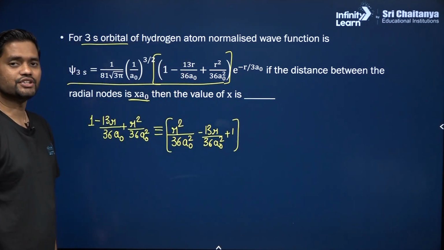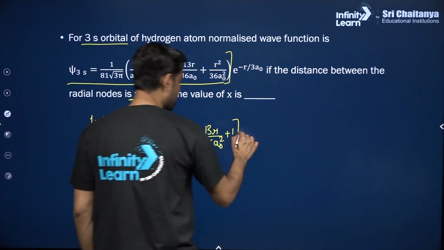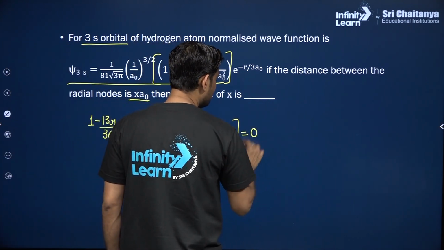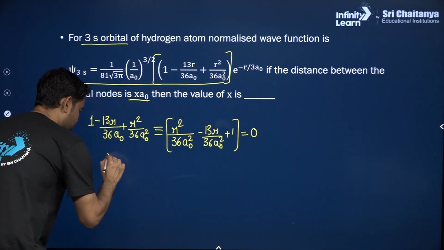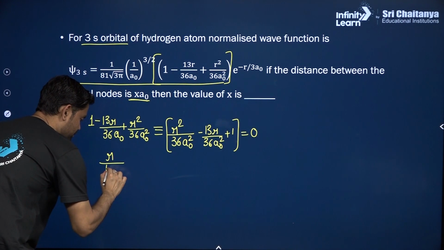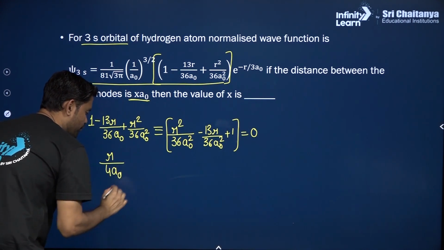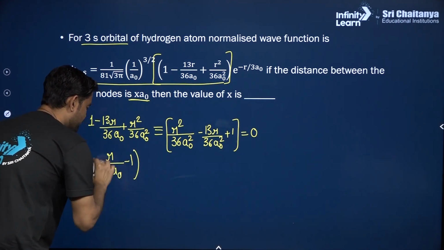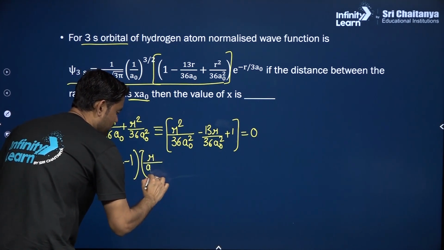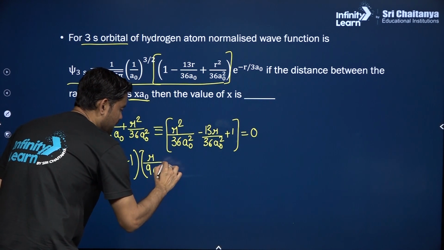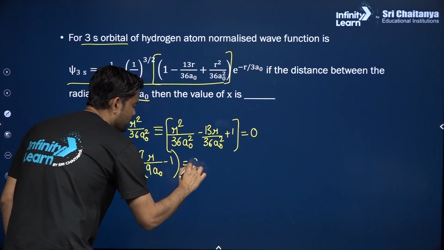It's a quadratic equation, and you have to equate this thing to 0. By solving this quadratic equation, you will get (r by 4a naught minus 1) into (r by 9a naught minus 1) equal to 0.